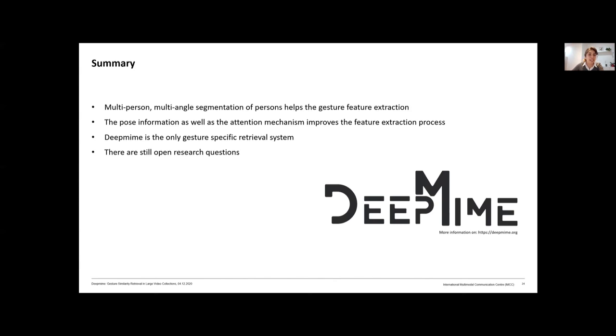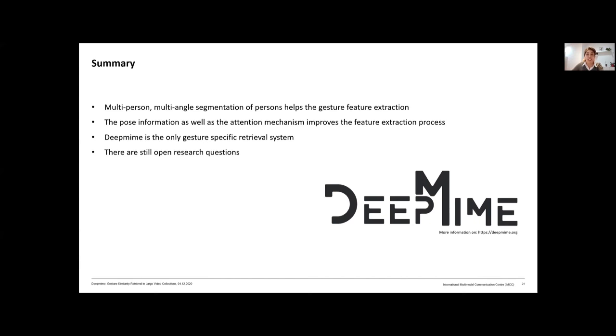So as a summary, our system is tackling the challenges of multi-person, multi-angle segmentation in the gesture understanding and gesture recognition field. We understood that the pose information is very important, and the attention mechanism improves the feature extraction hugely.